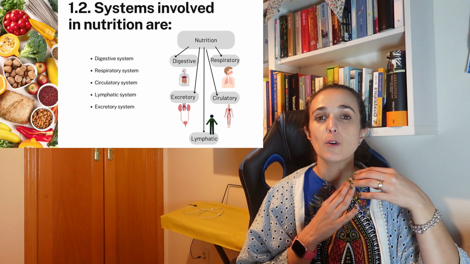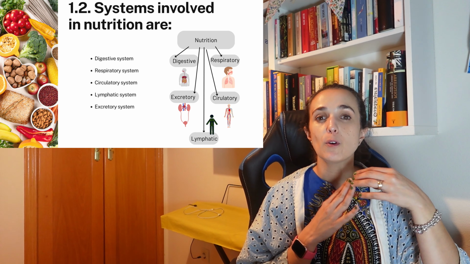When we are referring to metabolism in cell biology, we are really referring to all the processes in which energy is involved inside the cell. For instance, we have 2 processes, catabolism and anabolism.